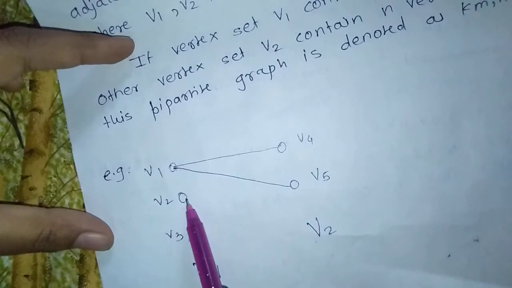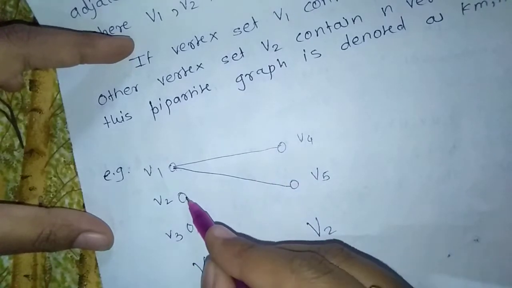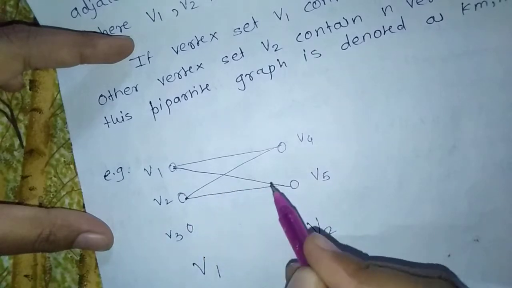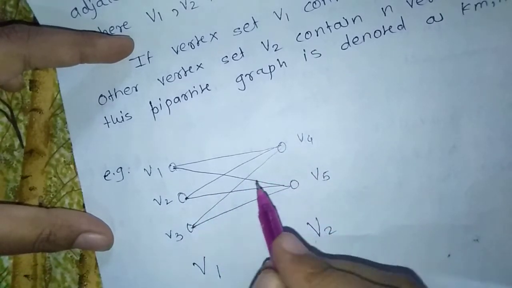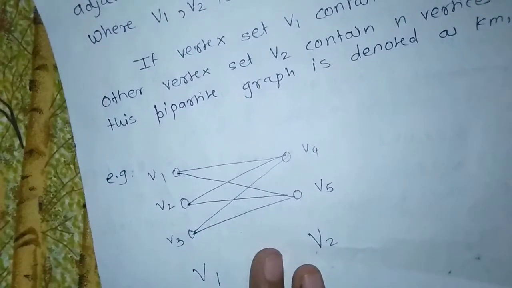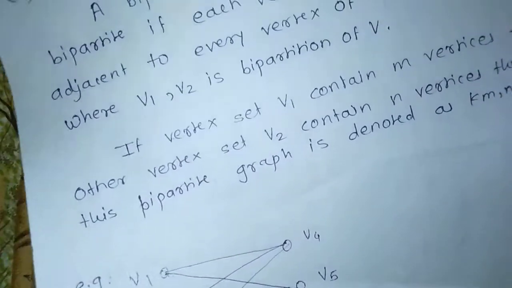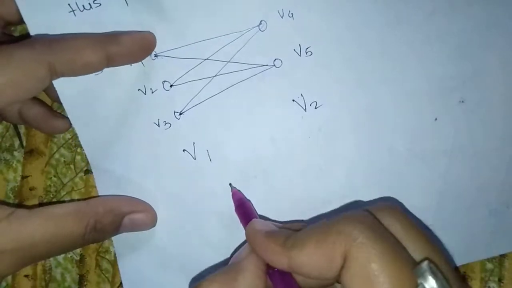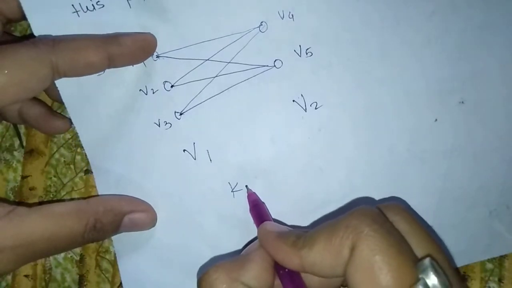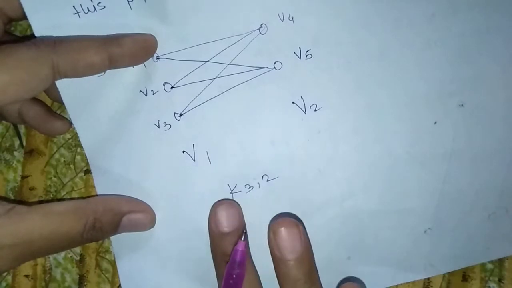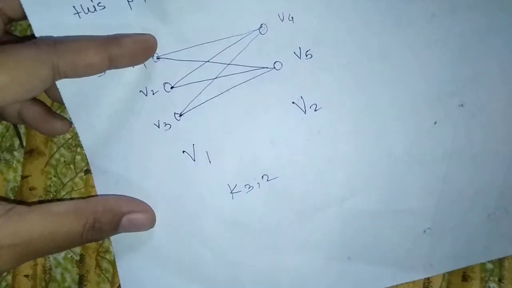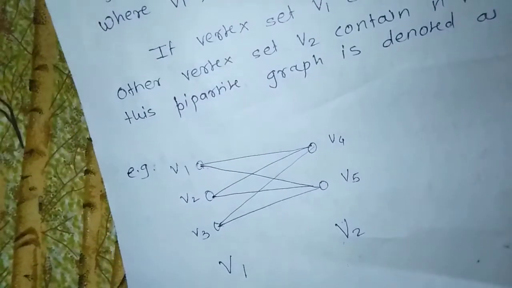Also V2 is adjacent to V4, V5, V3 is adjacent to V4, V5. So this graph is a complete bipartite graph. The first vertex set contains 3 vertices and V2 contains 2 vertices. So this is a K(3,2) complete bipartite graph with 3 and 2 vertex sets.